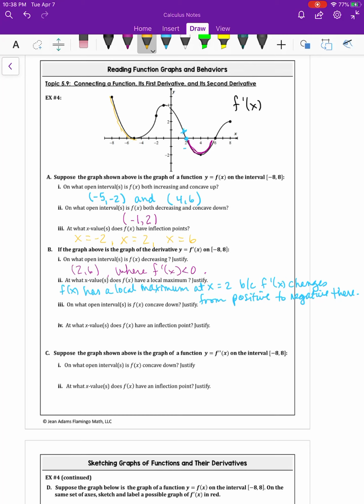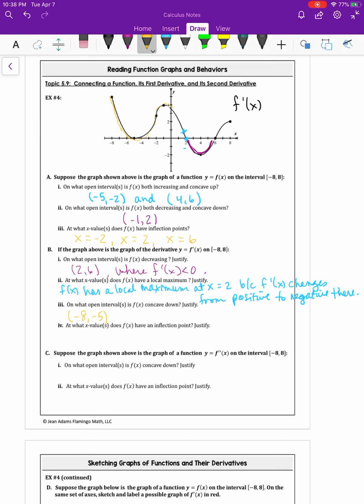From -8 to -5, the slopes of the tangent lines are negative, so therefore our original function is concave down. So that would be from -8 to -5.